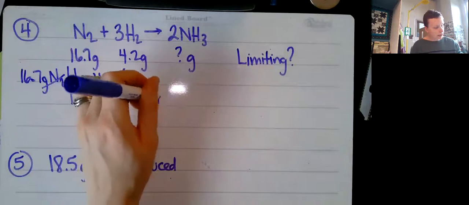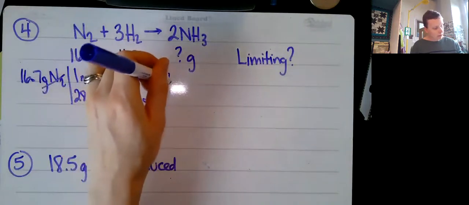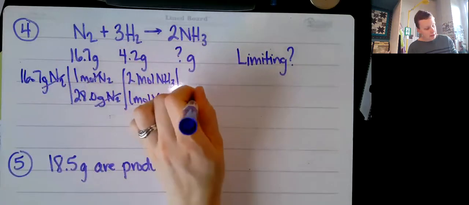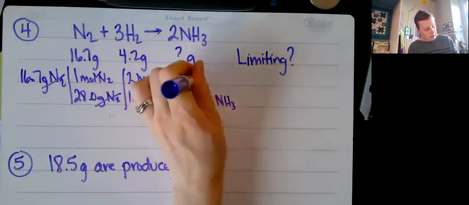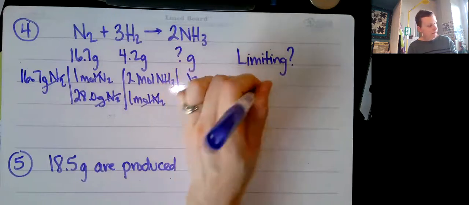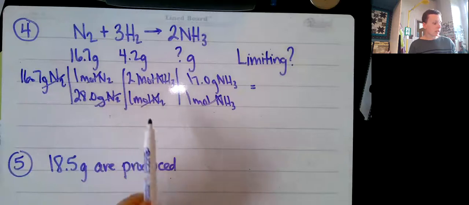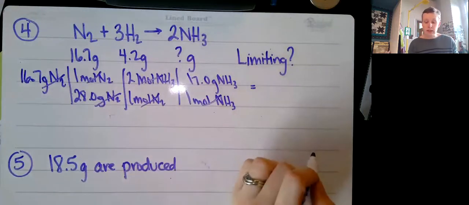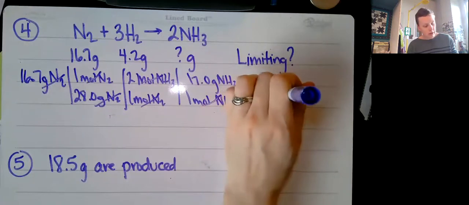Nitrogen on the bottom in order to cancel. 2 moles NH3 on the top. And my last step is to get to mass of NH3. So 1 mole of NH3 is 17.0 grams of NH3. So punching this one in, 16.7 divided by 28 times 2 times 17, and we get 3 sig figs for this one. We get 20.3 grams.